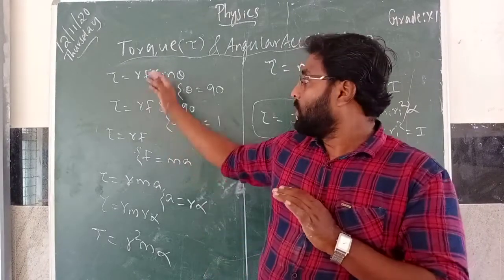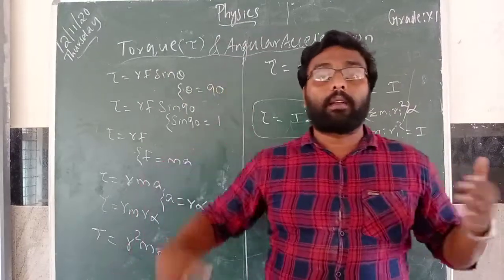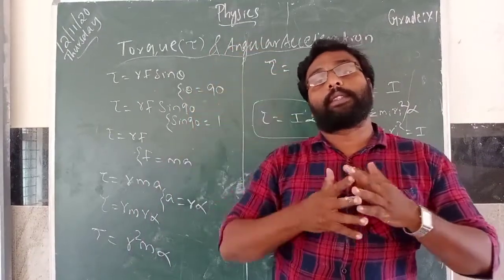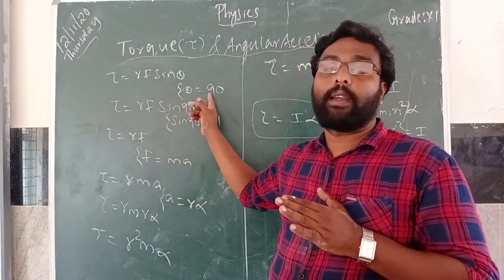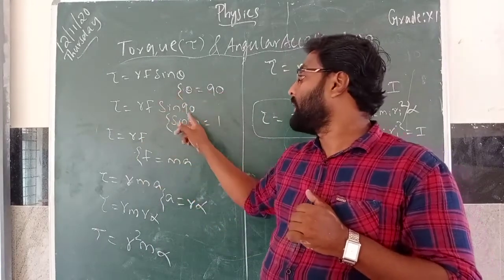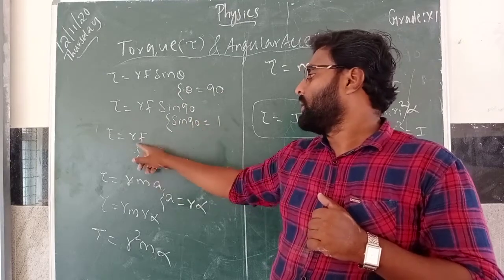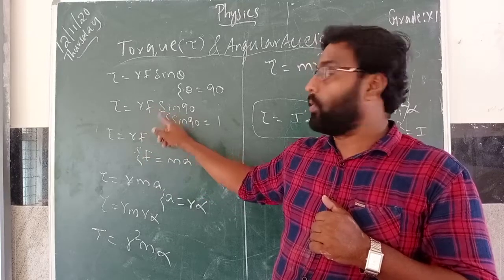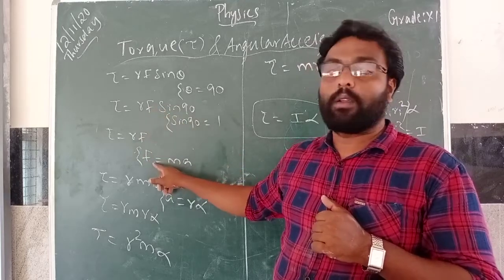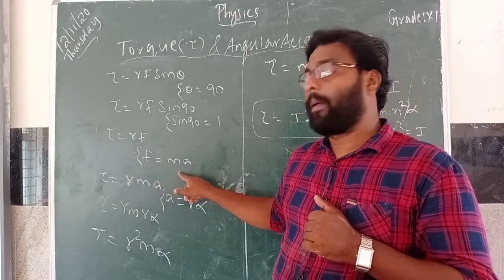Now the torque formula is R F sin theta. Here the force and the position vector are at 90 degrees to each other, so theta is 90 degrees. Sin 90 is 1, so R F into 1 is R F. Then use Newton's formula, F is equal to ma.